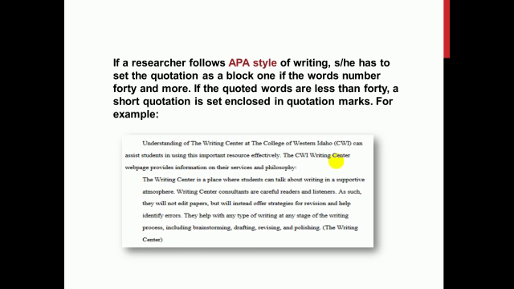It is a very important and very easy way to count the words. If they are less than 40, it is a short quotation, and if they are more than 40, it is a block quotation.